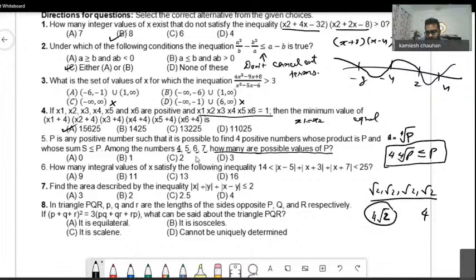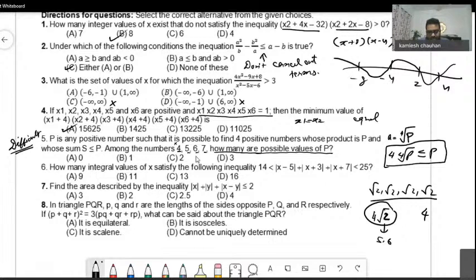This number is 5.6, and this is 4, so this is not satisfying. Similarly, we'll find the values for 5, and then choose in the options. So I'll say this question is difficult, because we have to do a lot of unnecessary calculation to find S and the values.